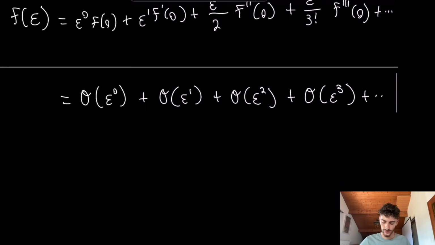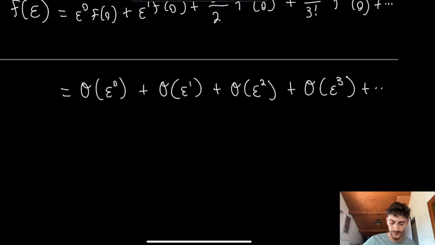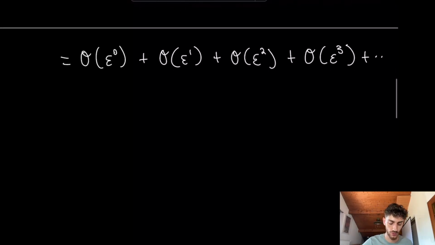So these terms, we say that they are of order corresponding to the exponent that's on this epsilon. So this term is at 0th order. I don't know if zeroth is a word, but you know what I mean. Okay, this is first order.